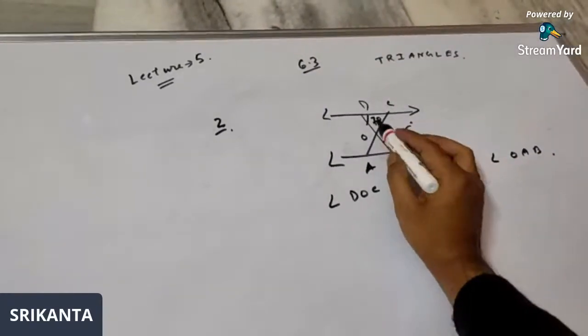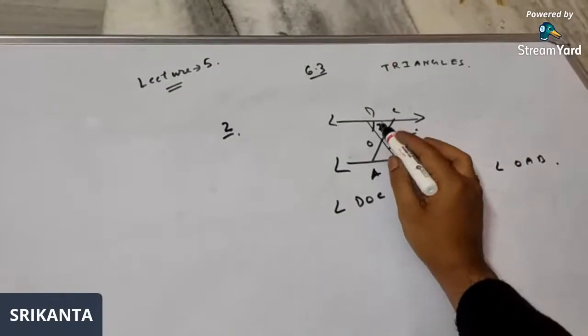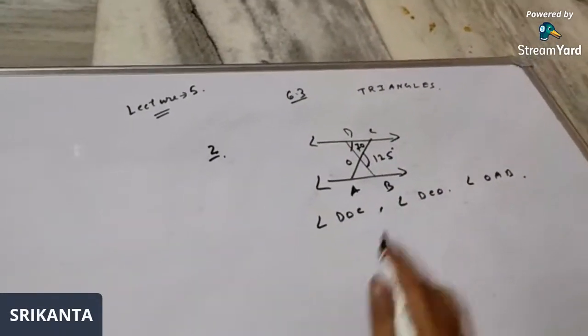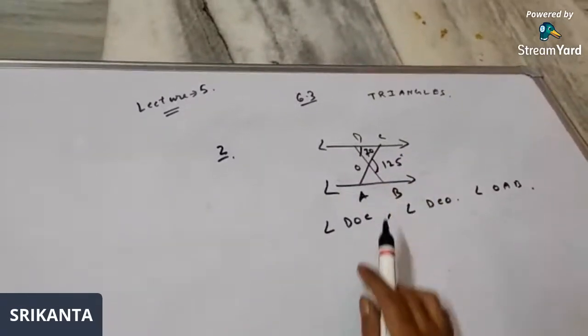What is given? That ODC and OAB are similar triangles.